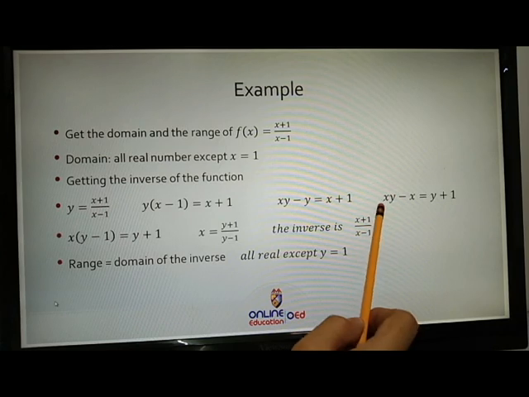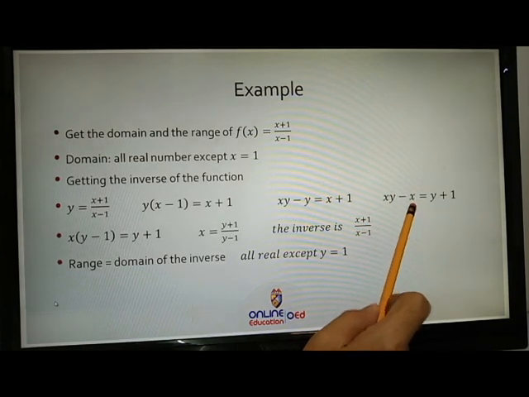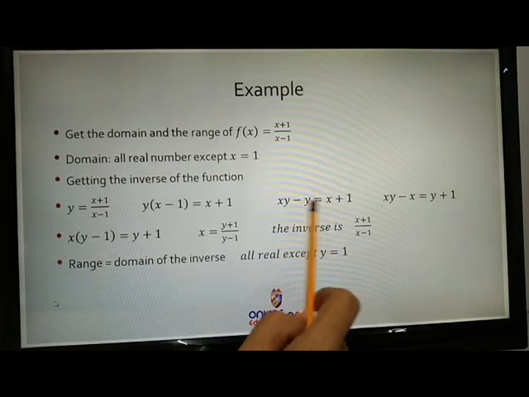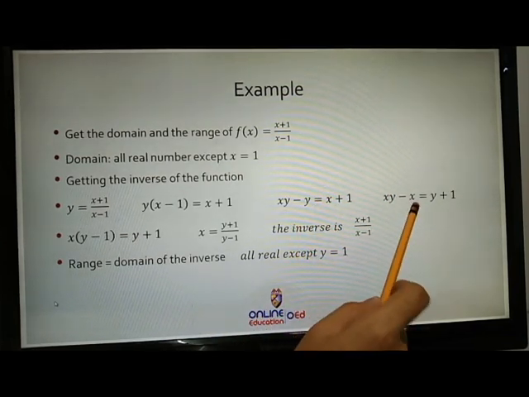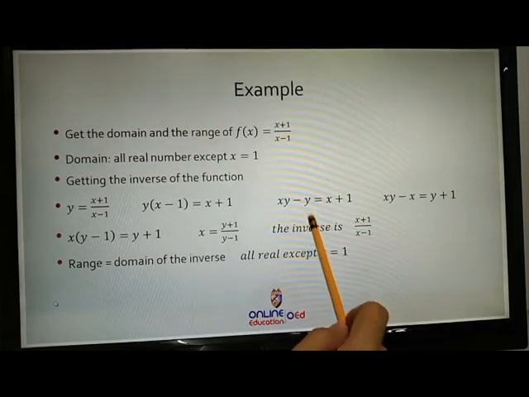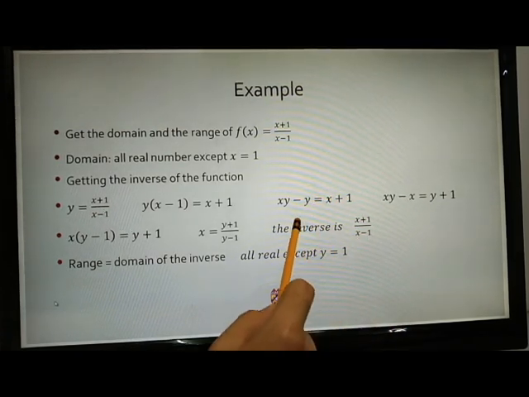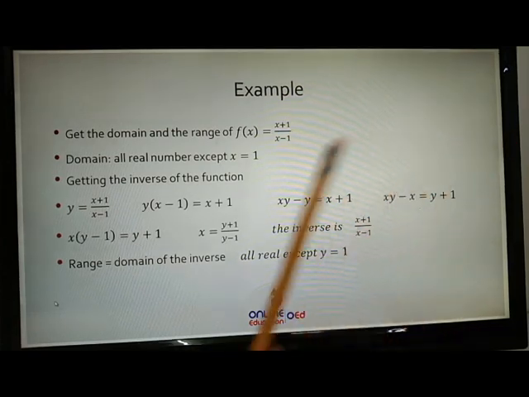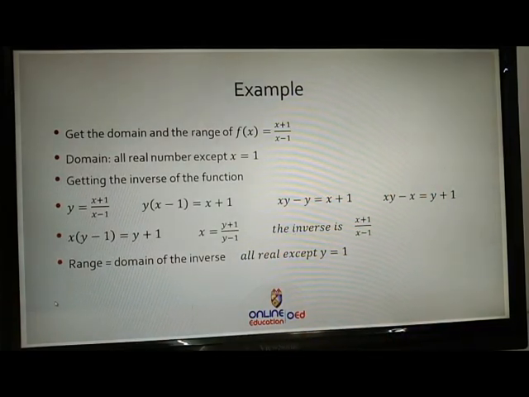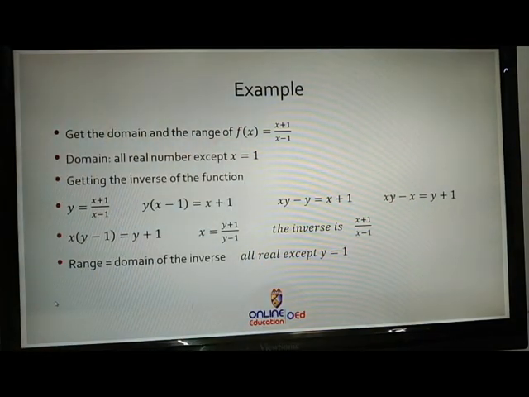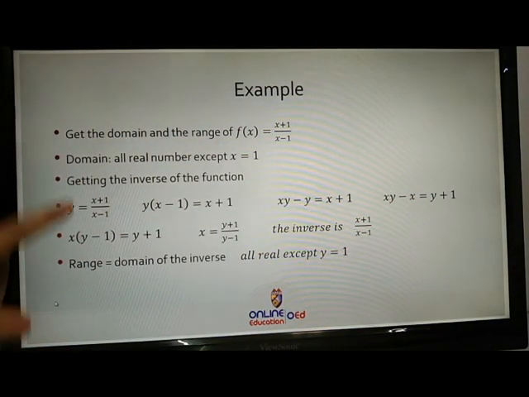So this will be the result, xy minus x. Since nag-add tayo ng negative x both sides, dito makakancel siya. So dito ma-remain yung negative x. And then add ka ng positive y both sides. So we have cancelled here. And then y on the right side. So we have xy minus x is equal to y plus 1.